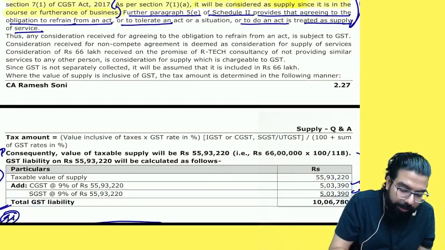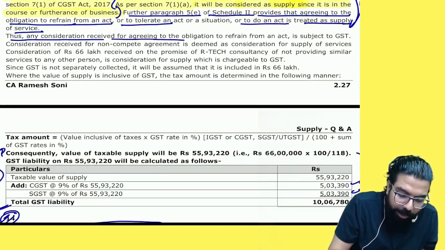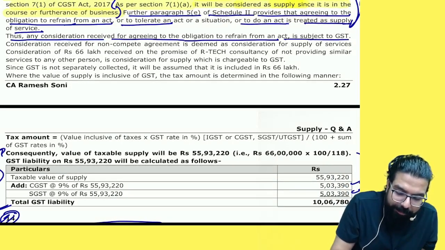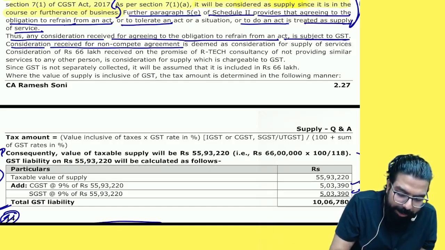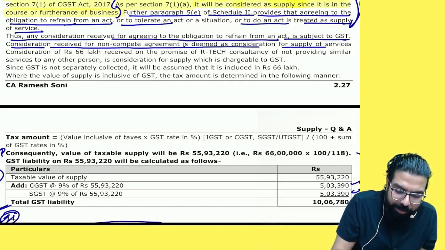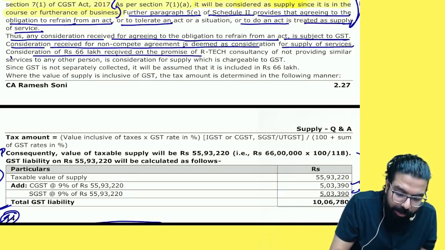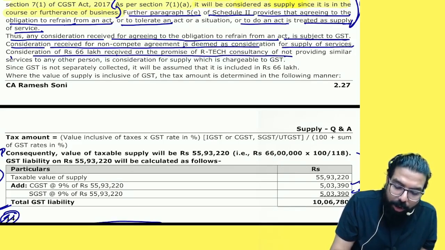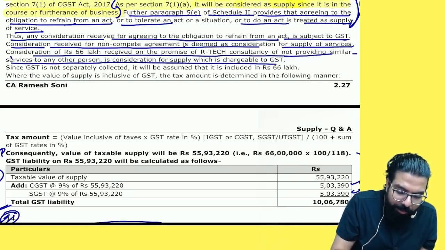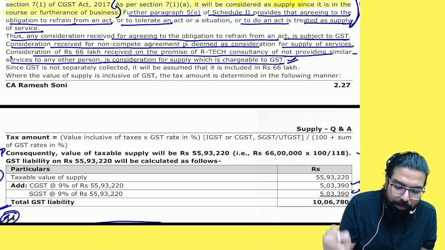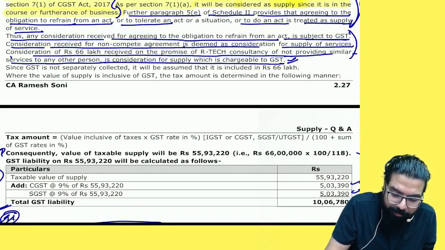Now see. Thus, any consideration received for agreeing to the obligation to refrain is subject to GST. Consideration received for a non-compete agreement is deemed as consideration for supply of service. Consideration of 66 lakh on promise of Artek of not providing similar service to any person is consideration for the supply and chargeable to GST. Did they apply the law in the current situation?